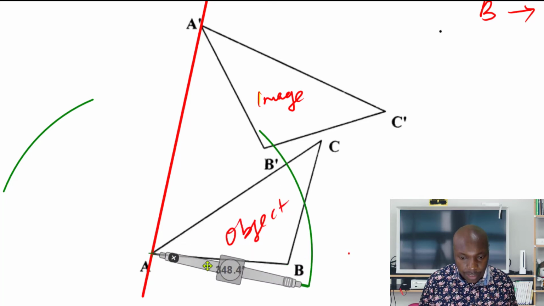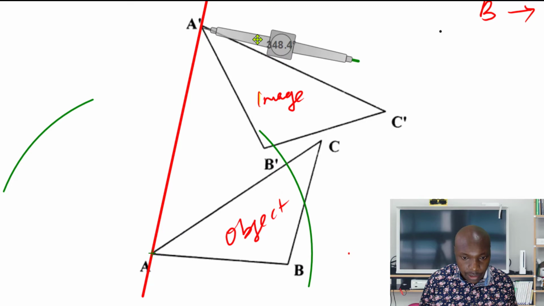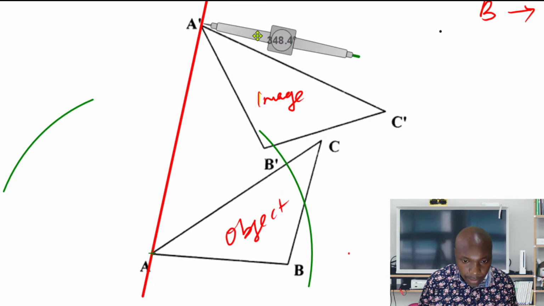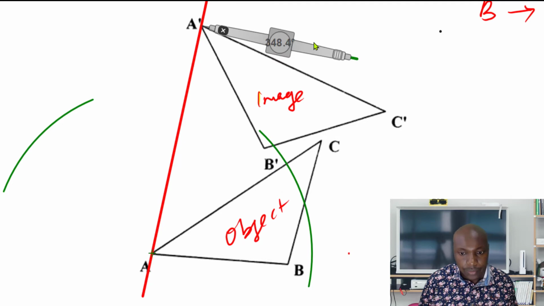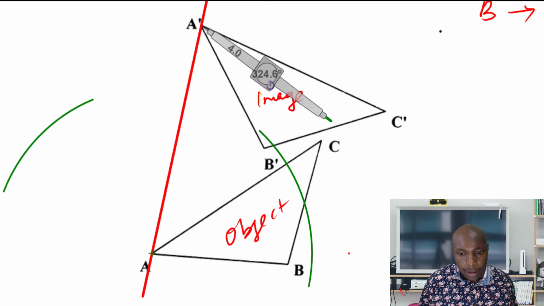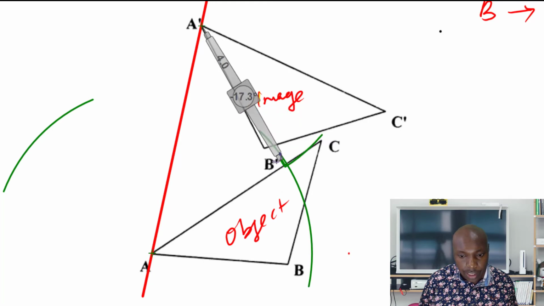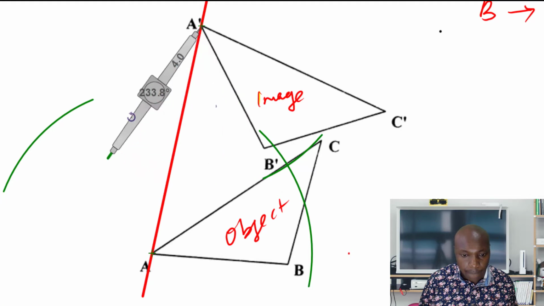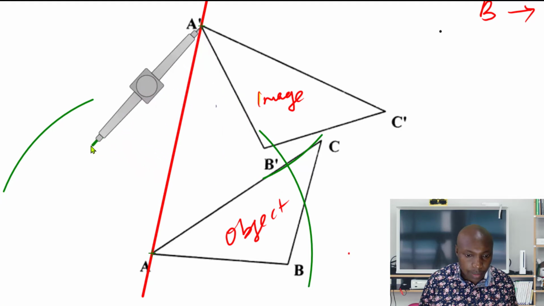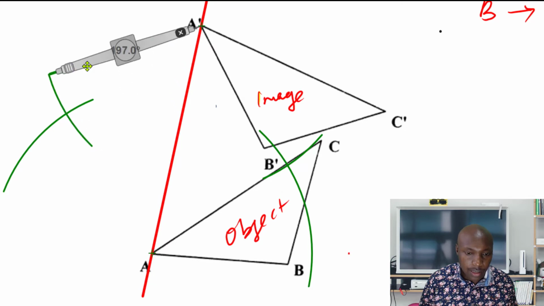Then with the same radius, without changing anything, you stand at A prime, ensuring that you are careful. You cut that arc with the same radius, without changing, and then again you come and cut that arc.